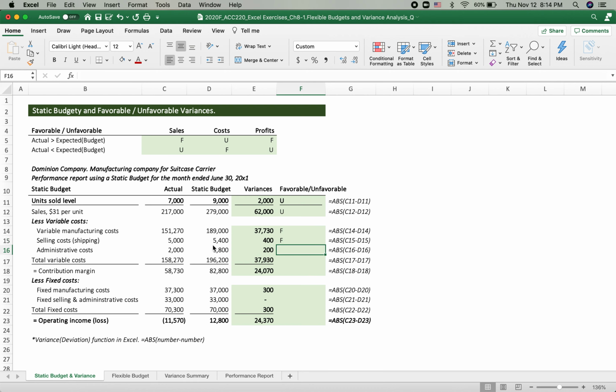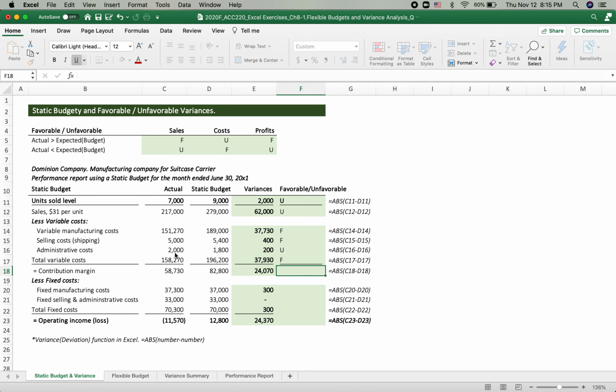And administrative cost, in actual we spent $200 more than the budget, so unfavorable. Then total variable cost, we saved 37,930, mostly because of the variable manufacturing cost savings.